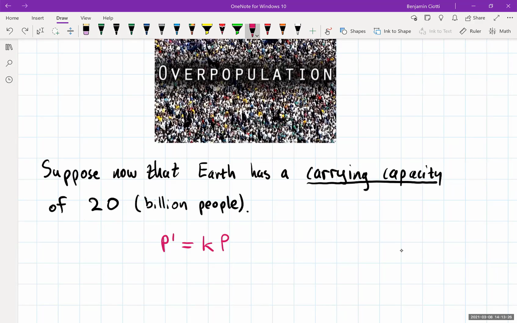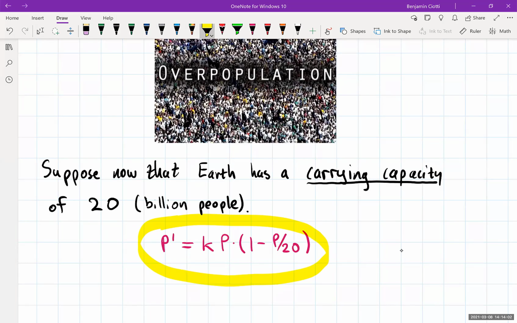There are multiple ways you could enact this restriction, but the way that they do it in this model is by multiplying by the term 1 minus P over 20. So I just modified the standard exponential growth model by adding this extra term.